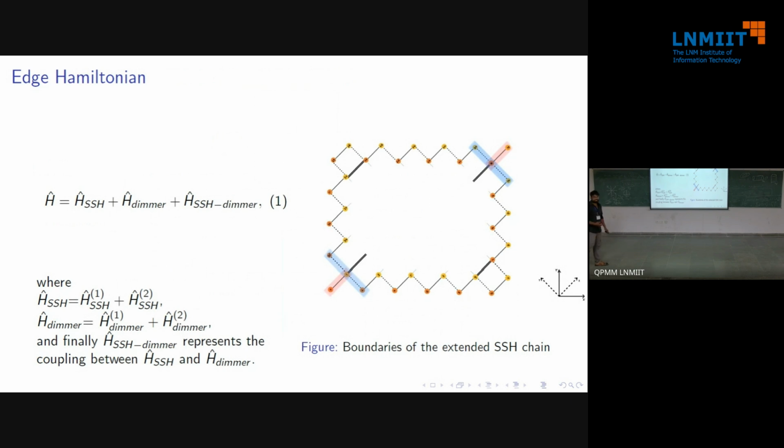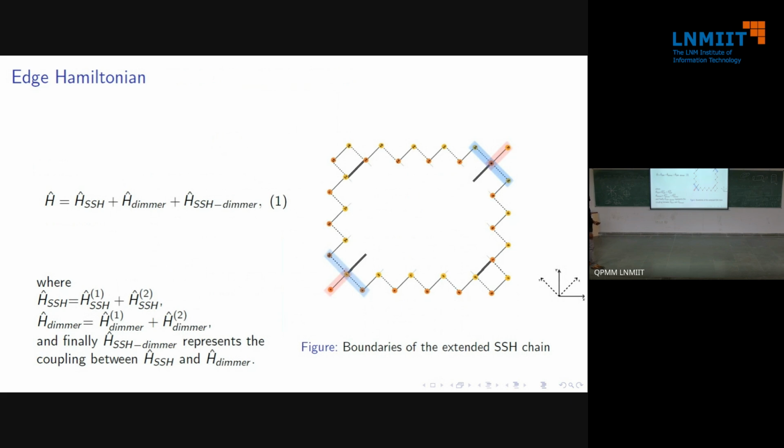Instead of a regular SSH chain with V and W as hoppings, this chain has hoppings V and T. So we can write the Hamiltonian for this edge as the Hamiltonian of the SSH chain, the Hamiltonian of the dimer, and the connection between the SSH chain and the dimer, which is this one.